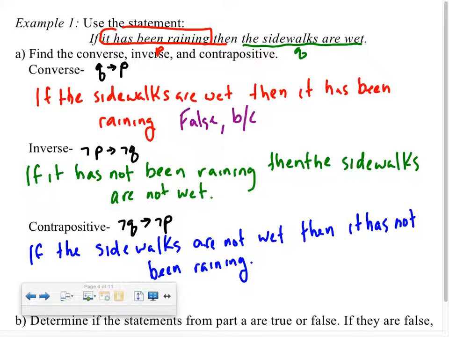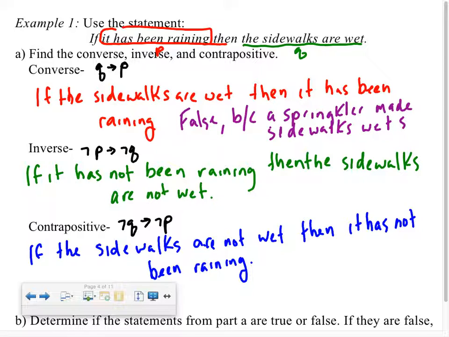Because, for instance, a sprinkler could have made the sidewalks wet. The inverse, if it has not been raining, then the sidewalks are not wet.